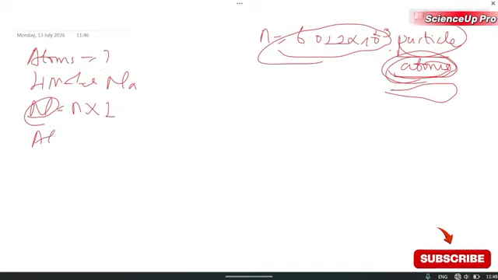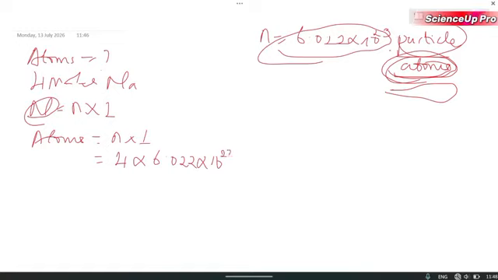So the number of atoms is equal to number of moles times Avogadro's constant. You substitute the various values given to you: number of moles, 4 moles, times Avogadro's number, which is 6.022 times 10 to the power 23. After doing this, you are going to have your answer and attach atoms at the end. This time around, the unit is atom.